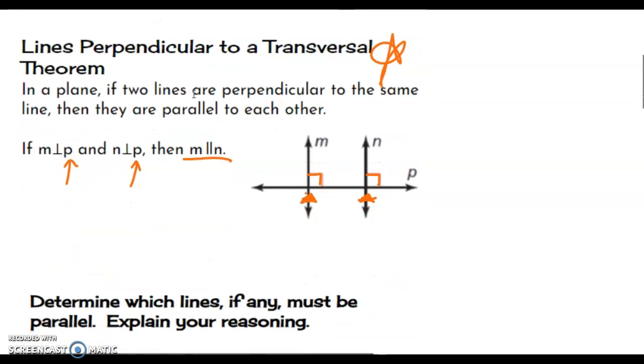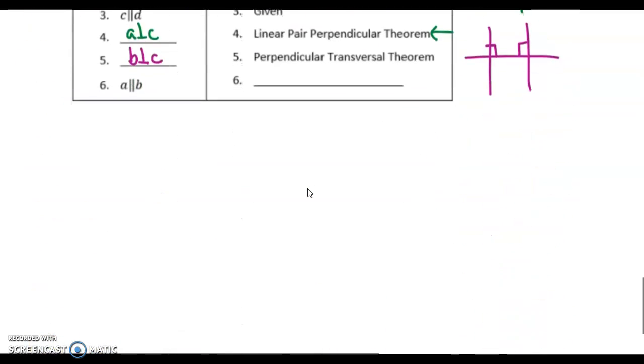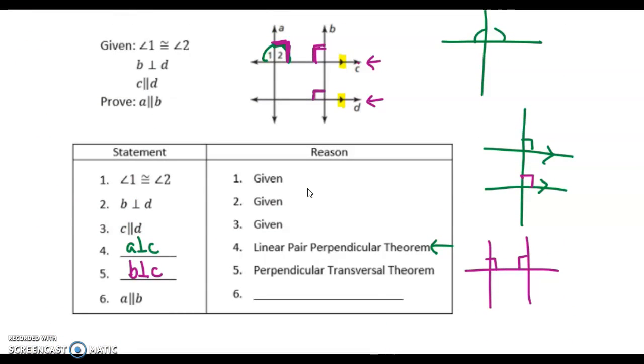So that looks very much like this one right here, lines perpendicular to transversal theorem. It said if two lines are perpendicular to the same line, then they are parallel to each other. So they are both perpendicular to line C, therefore they are parallel to each other, and that was the lines perpendicular to a transversal theorem.